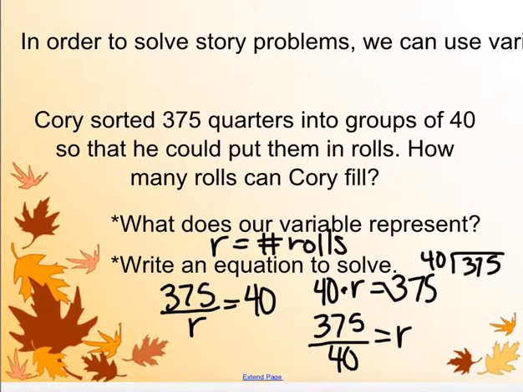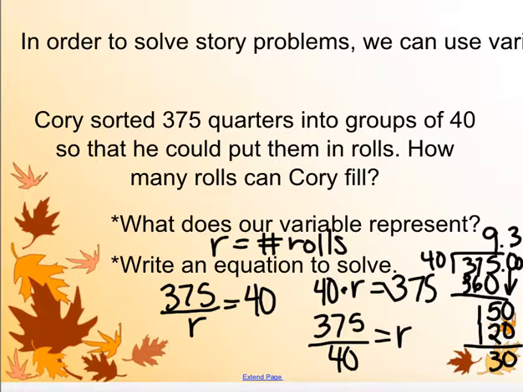Okay, so let's say we have 9. 9 times 0 is 0. 9 times 4 is 36. And I have 15 left over. Well, I can put a decimal and another 0, bring it down, and that can go in 3 times, 120, and we have a 3, bring it down, and so on.